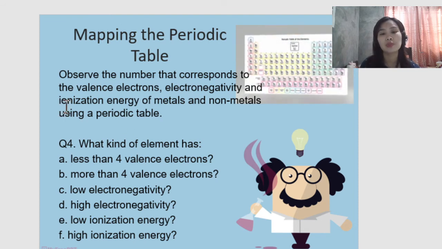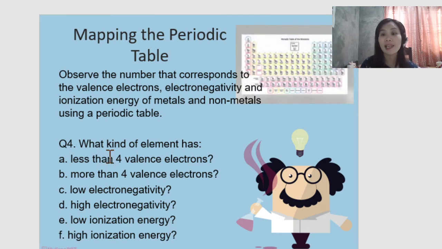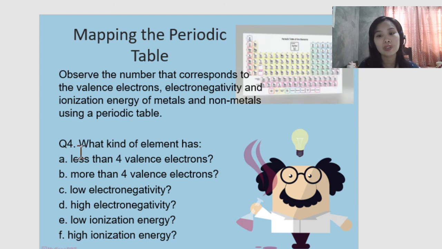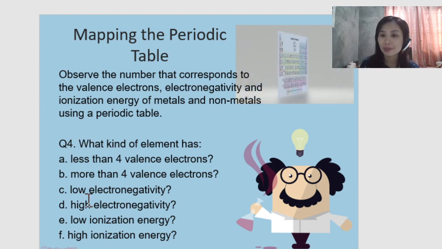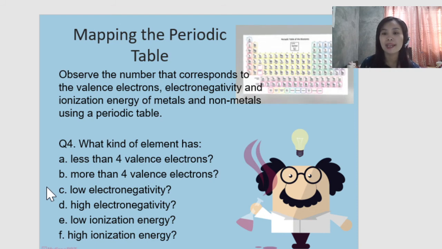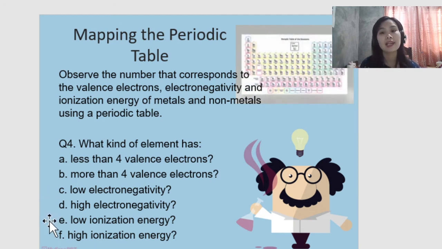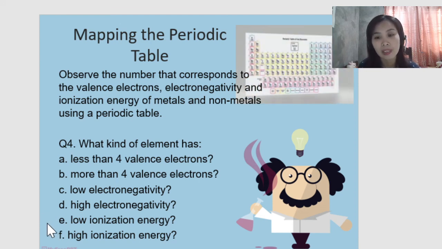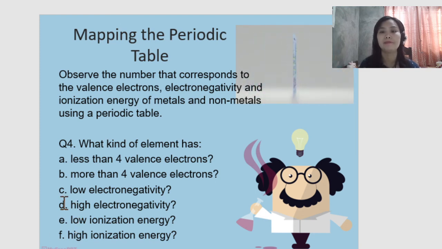After you read that, you can answer question 4: what kind of element has A, less than 4 valence electrons; letter B, more than 4 valence electrons; letter C, low electronegativity; letter D, high electronegativity; letter E, low ionization energy; and, last but not least, high ionization energy.